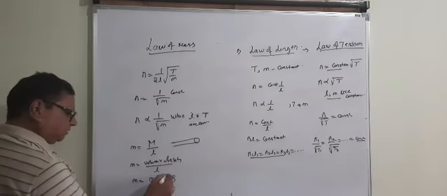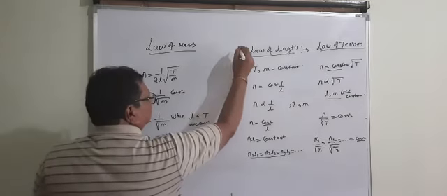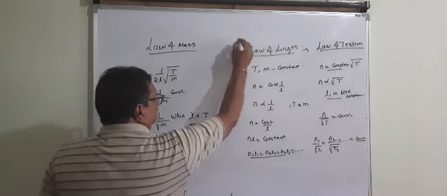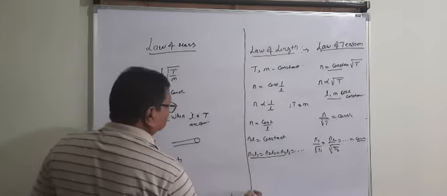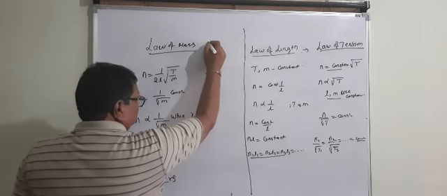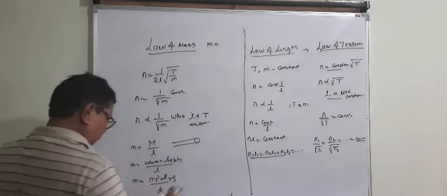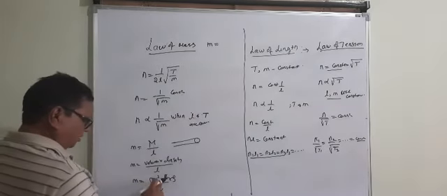L gets cancelled, so small m equals pi r square rho.